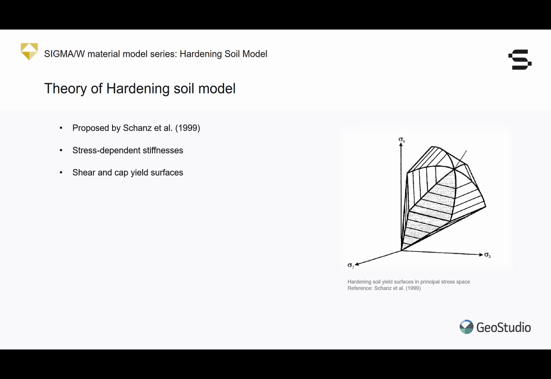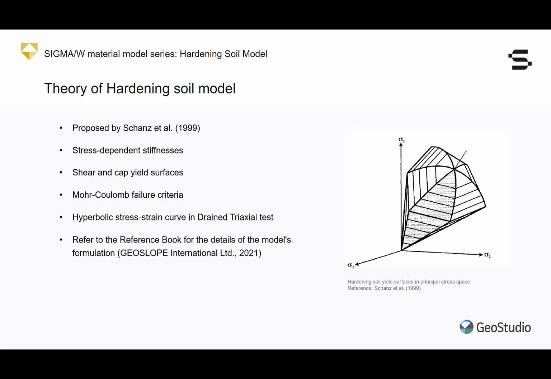The shear surface predominantly governs the response to changes in deviatoric stress, while the cap predominantly governs the response to increments in mean effective stress. Failure is controlled by a Mohr-Coulomb failure law, hence the hexagonal shape of the yield surface. The model implemented in Sigma actually comprises a smoother cap than what is depicted in this figure. The reference book should be consulted to understand the details of the formulation.